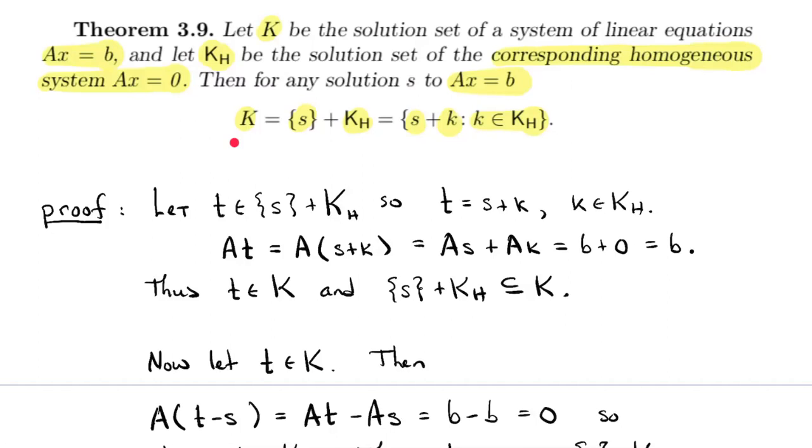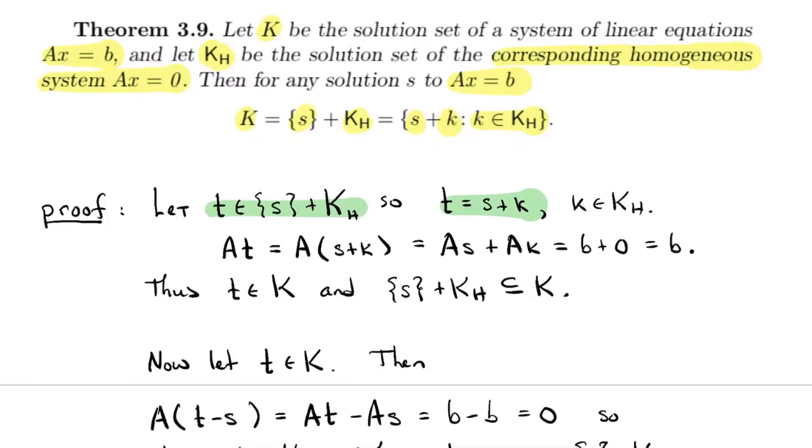Okay, the proof of this is straightforward. The statement says two sets are equal, so I'm going to do it by a pick-a-point proof. I'm going to pick an element of the set on the left, S plus K sub H, and call it T. By definition, what does it mean to be in that set? It means you're S plus something in K sub H. And I claim that that's a solution, so I just plug it into the equation.